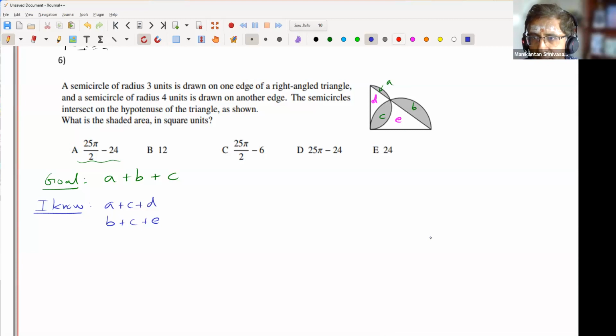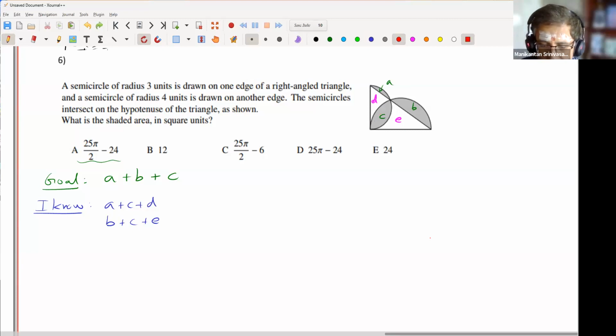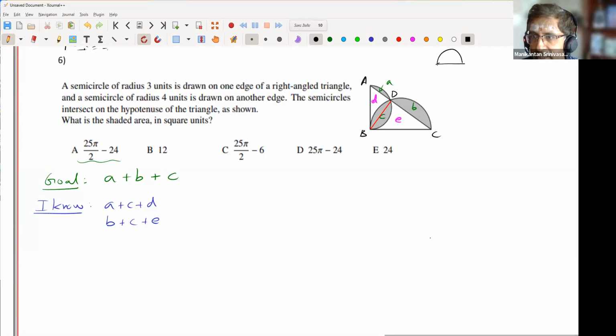So it makes sense for me to connect this with this. If I connect this, I'll label all the points so that it's easy. I'll call these points A, B, C, and this is D. So ADB is 90. You guys know that angle in a semicircle is 90, right? Because this is 180. Therefore, by the half angle relation, the angle here would be 90. So this is 90. This is also 90.